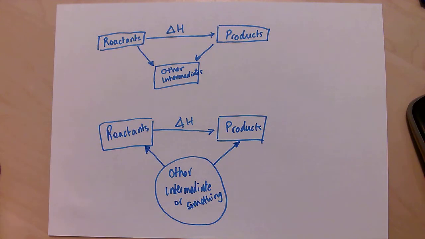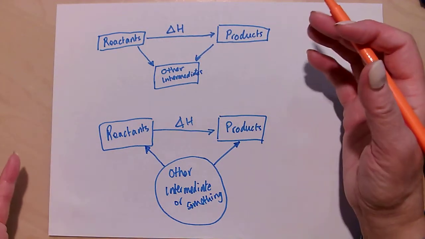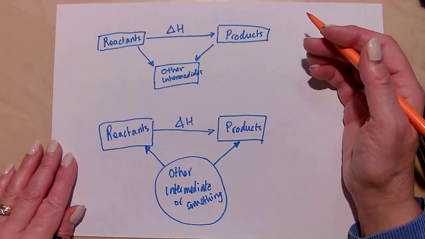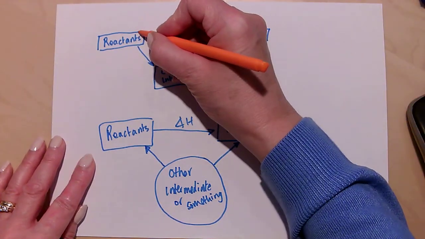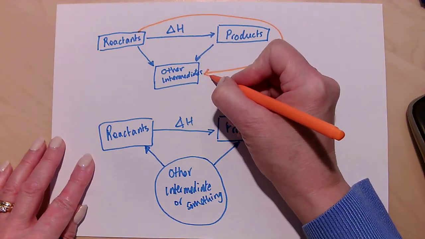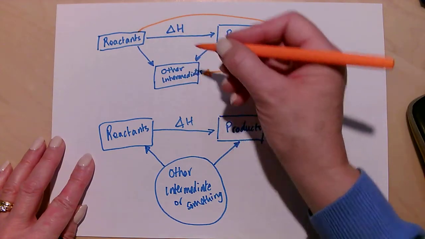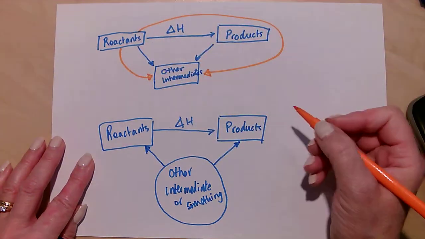There'll be examples of this later on, but what we need to look at is if we can follow the arrows round, basically it doesn't matter which route you go, it's going to have the same enthalpy change. So for instance, if we start from these reactants, let's follow the arrows. If we follow the arrows round to here, then this change will be the same as this change here.